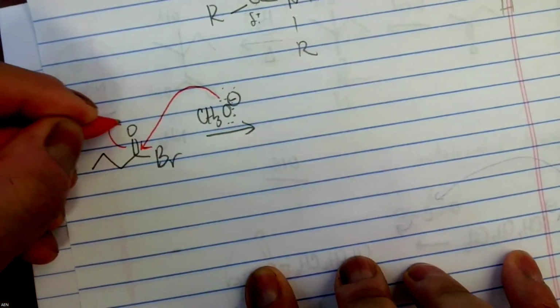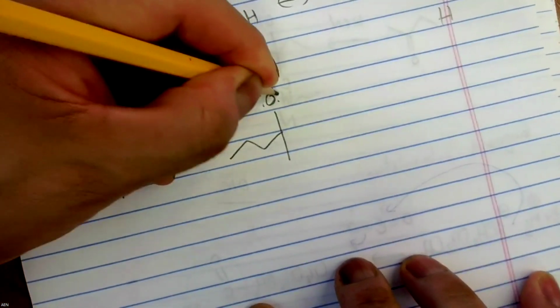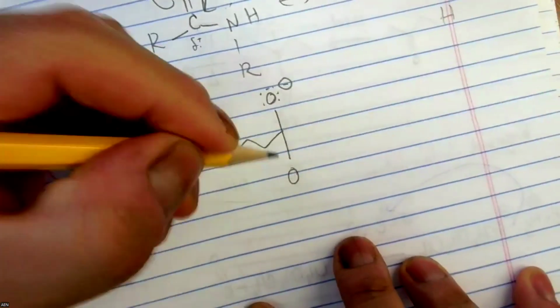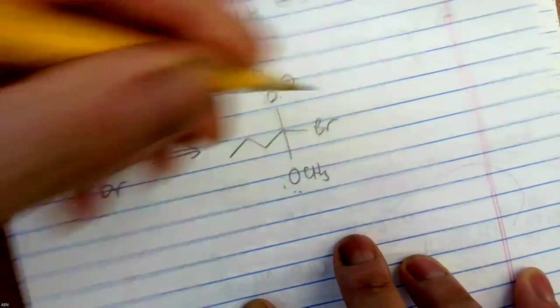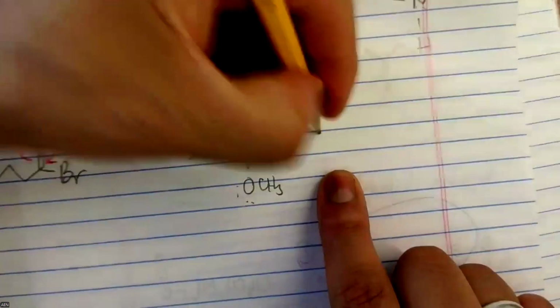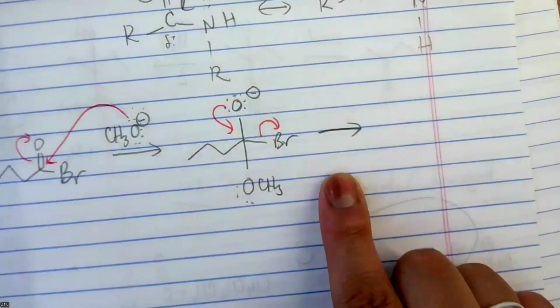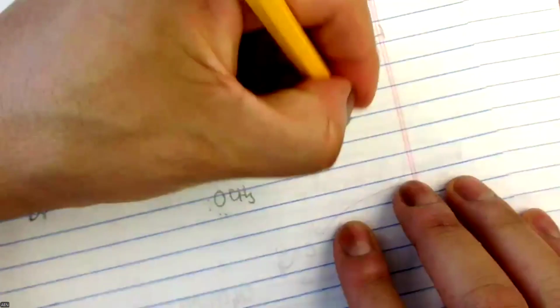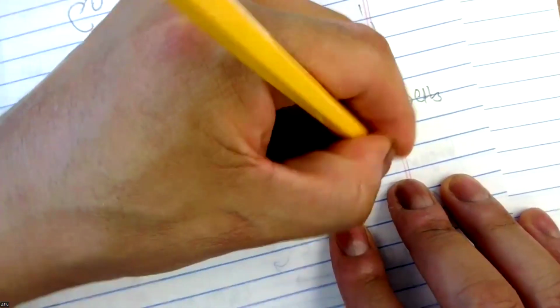The carbon now pushes those electrons towards the oxygen. You have the tetravalent intermediate. You have to show it, guys. Please don't skip it. That's the tetravalent intermediate. After that, this one will come back down, and that's when I lose the bromine, and I form an ester. See?